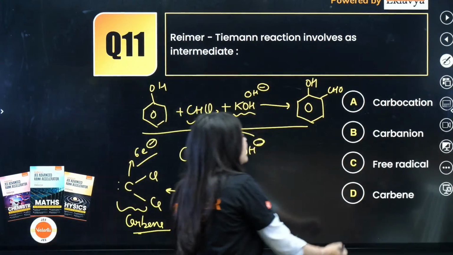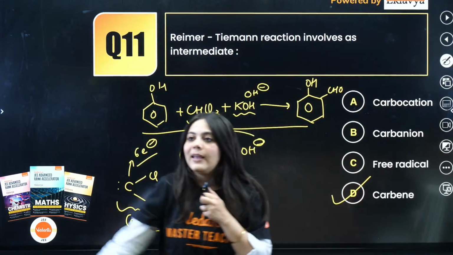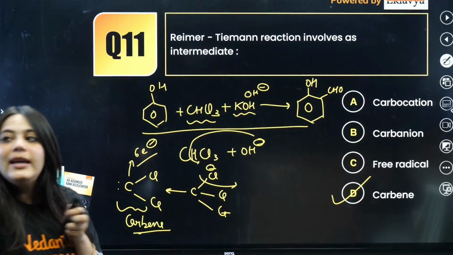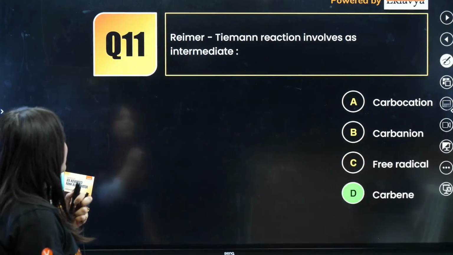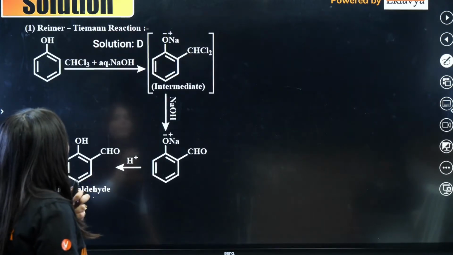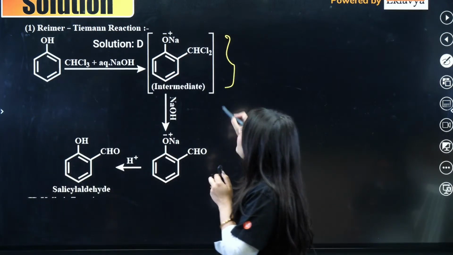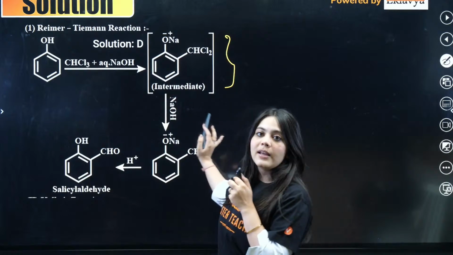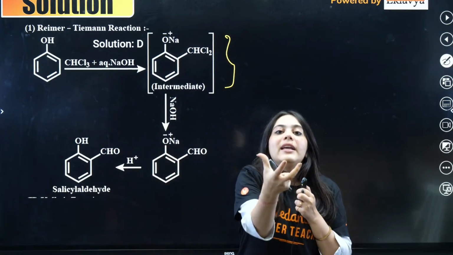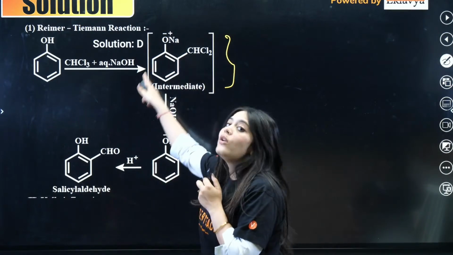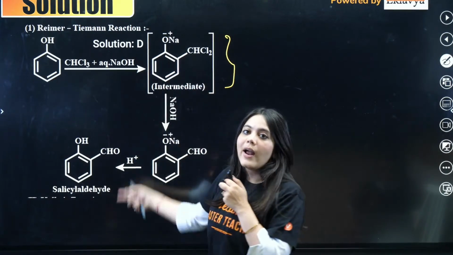So the correct answer is option D, carbene. Who all did it correctly? Yes, D is the correct answer. Very good. There are so many intermediates, but this is the most stable intermediate formed.